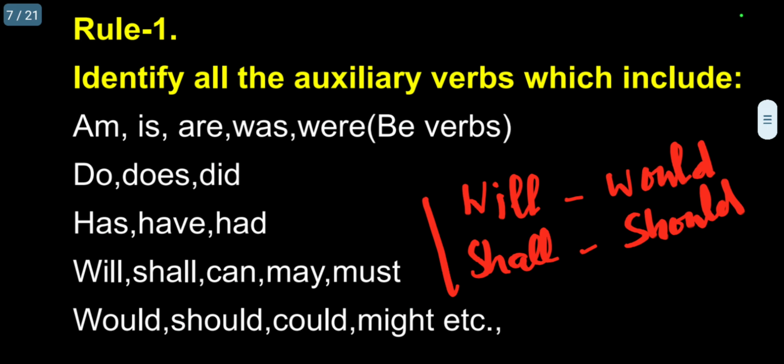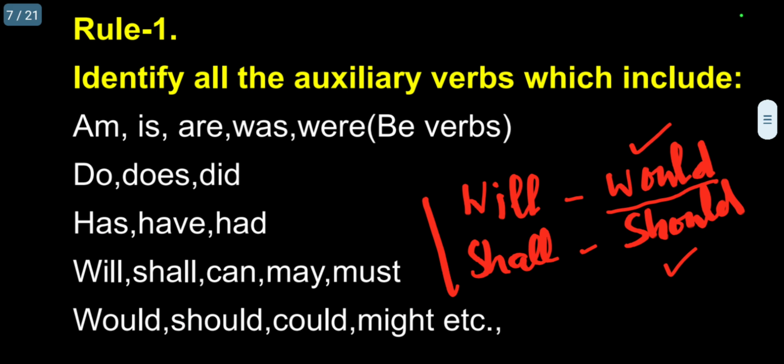So then you can ask me, what is the main difference? The main difference is that "would" is used as an auxiliary verb for a near future. For example, you are going to do work within a few seconds or a few minutes, or 100% you are going to do it. Then you have to use "would" or "should".